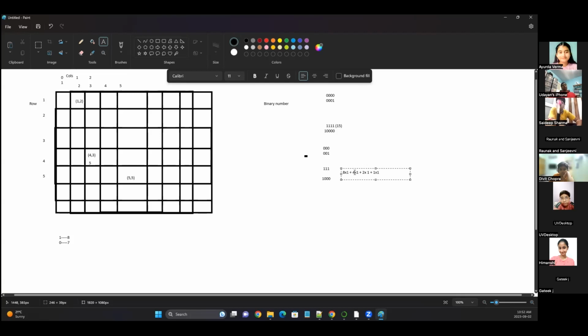So 8 plus 4, 12, plus 2, 14, plus 1, 15. This equates to 15. Now let's look at the 8, which we are actually storing as a 7. We will need 4 multiplied by 1 plus 2 multiplied by 1 plus 1 multiplied by 1.